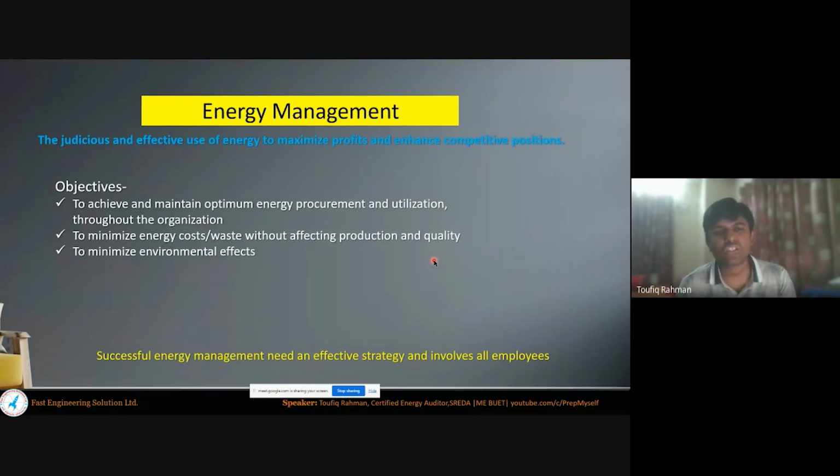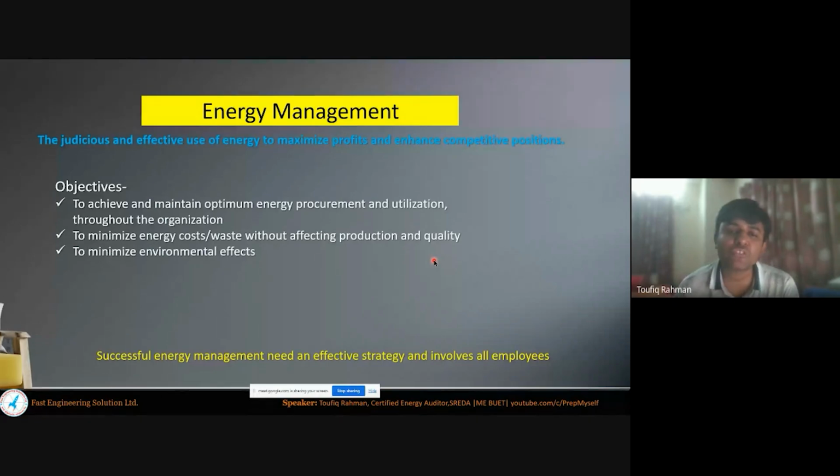And the cost and the procurement. Most industries don't involve the procurement department in the energy management system, because it's lax. The procurement department always procures products.